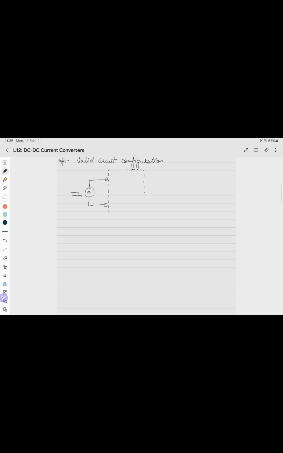Inside this black box, there are a few elements like the capacitor C, switches S1, S2. Now it is fixed that the inductor will be in series with the load because that is our ultimate requirement. So let's say this is the G rail, this is node number 1, node number 2, this is the inductor, this is the load, this is I0, and this voltage is V0.